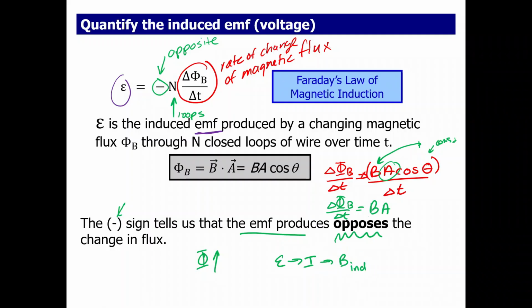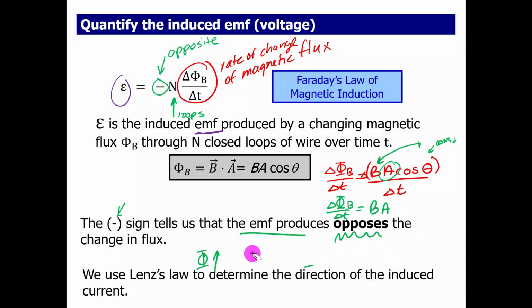So I'm going to get this induced magnetic field, and that induced magnetic field has to oppose the change. That is the most complicated conceptual part of this: what does it mean to oppose the change? There's a whole separate law for us to understand that one better. But you can do calculations pretty easily with the induced EMF. There'll be some examples for you later.